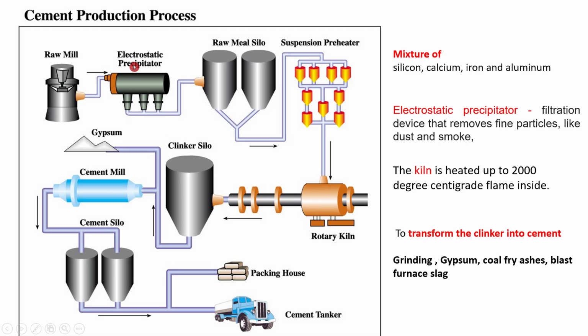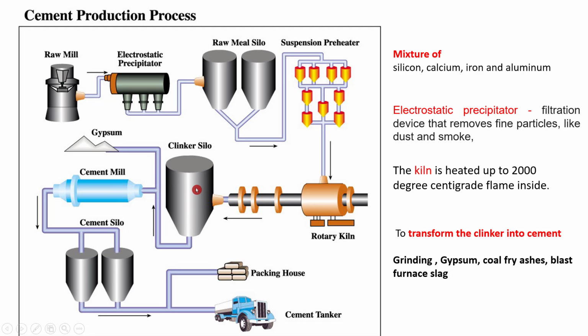This electrostatic precipitator is a filtering device that removes fine particles like dust and smoke. We bring the material to the rotary kiln, and this kiln is heated to a very high temperature. We already saw that it is 1400 degrees Celsius minimum, and here it is heated to a temperature of 2000 degrees centigrade, and then we will get the clinker.